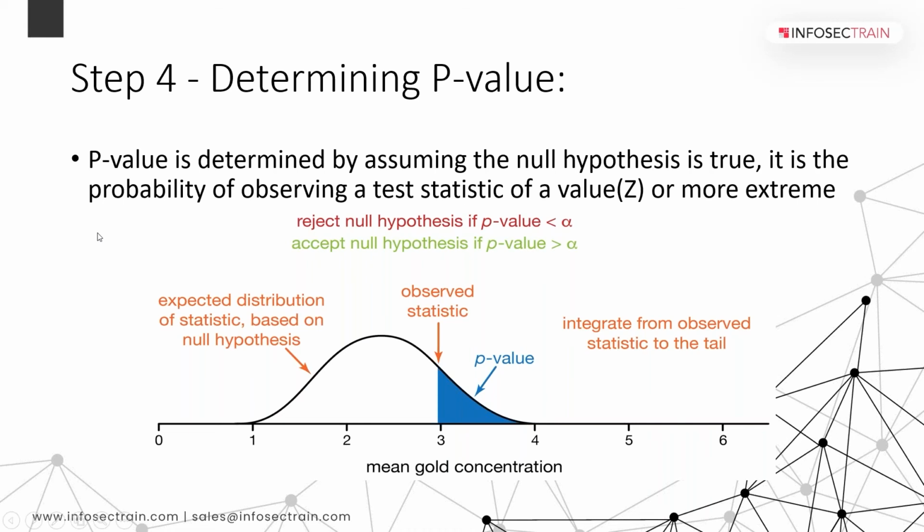Finally, we are determining the p value. The p value is the minimum level of significance.